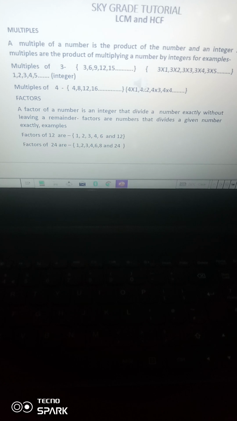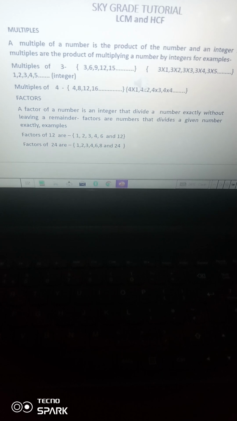There will also be word problems with LCM and HCF. Without much ado, let's dive in.